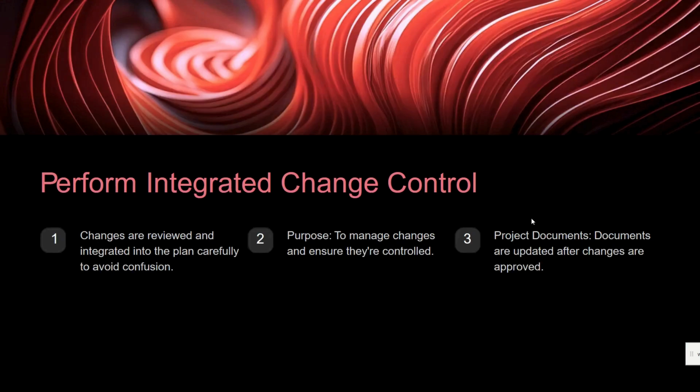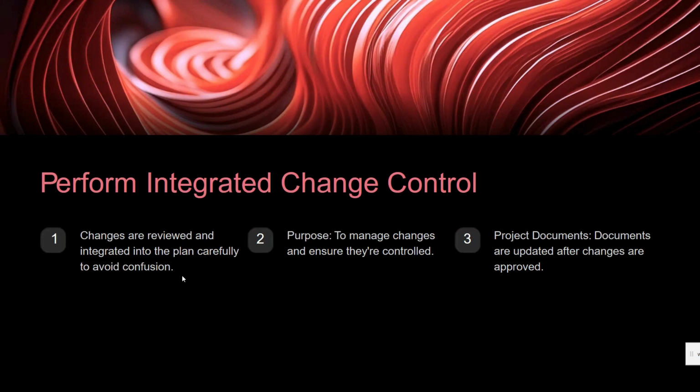After that, we have here the perform integrated change control. Okay, so here you can see the changes are reviewed and integrated into the plan carefully to avoid confusion. Changes are inevitable in any project.